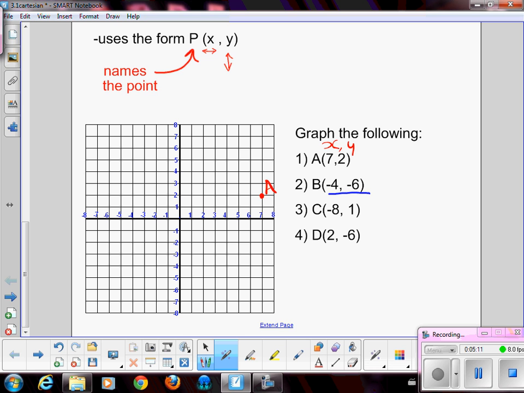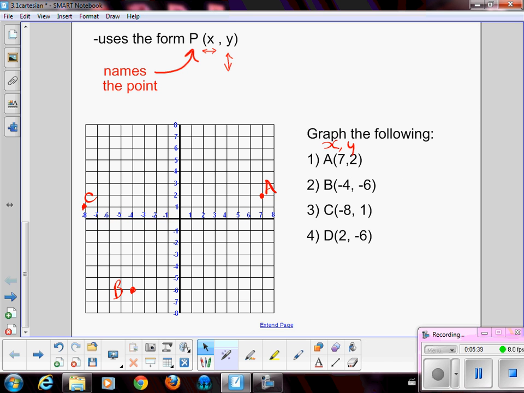Again, left to right first, so -4, and then down to -6. That's point B. Point C is located at (-8, 1). Left to right first, -8, and then up 1. There's our point C. And our last point is (2, -6). I'm going to go right 2 and down 6. That's where my last point, point D, is located.